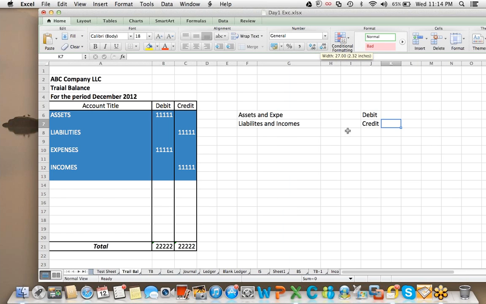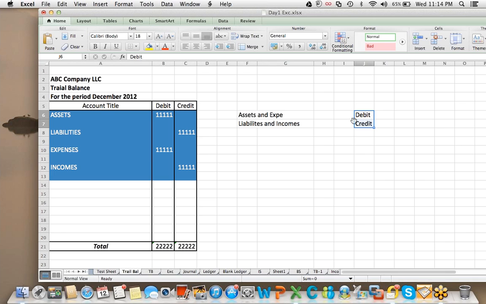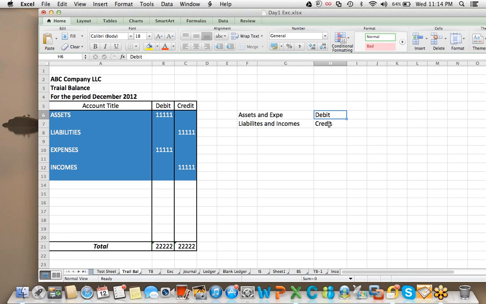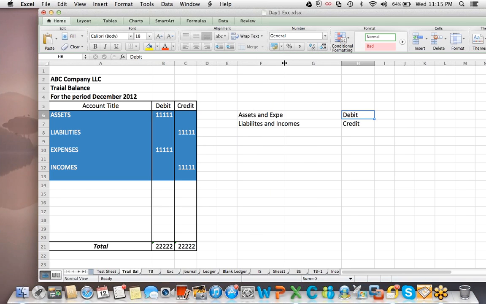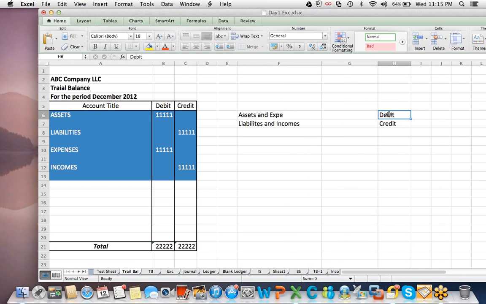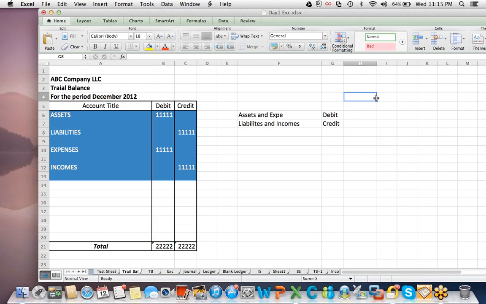When you hear the term asset, it means that there is no negativity in it. No asset will have a negative amount.